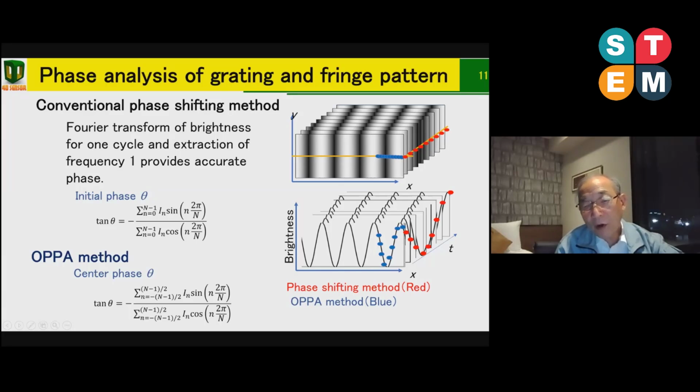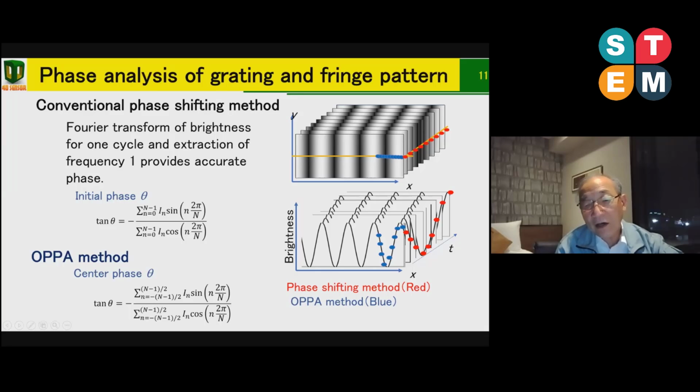From this 9-point data, we can analyze the phase, the initial phase, this one. So the next phase is this value. From this value, we extract only one cycle of data, which gives us this red phase is equal to this blue phase, because this one is one pitch.